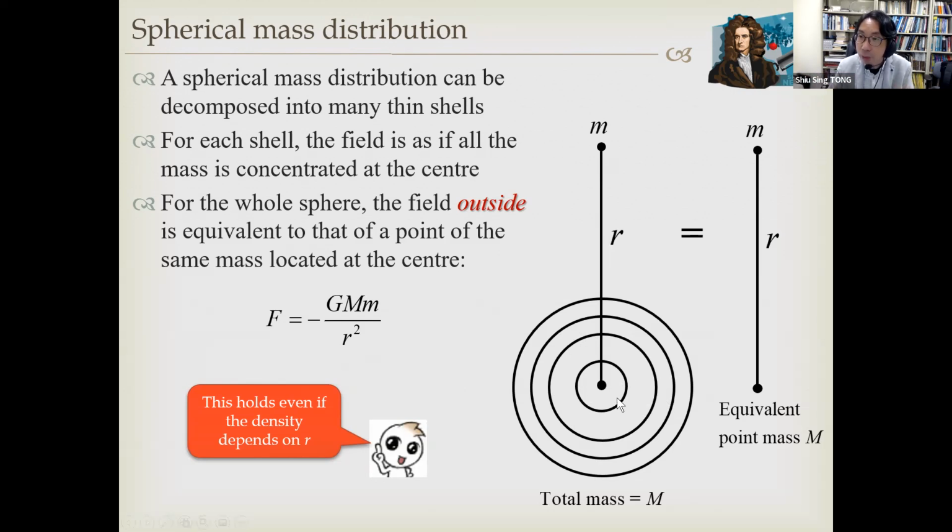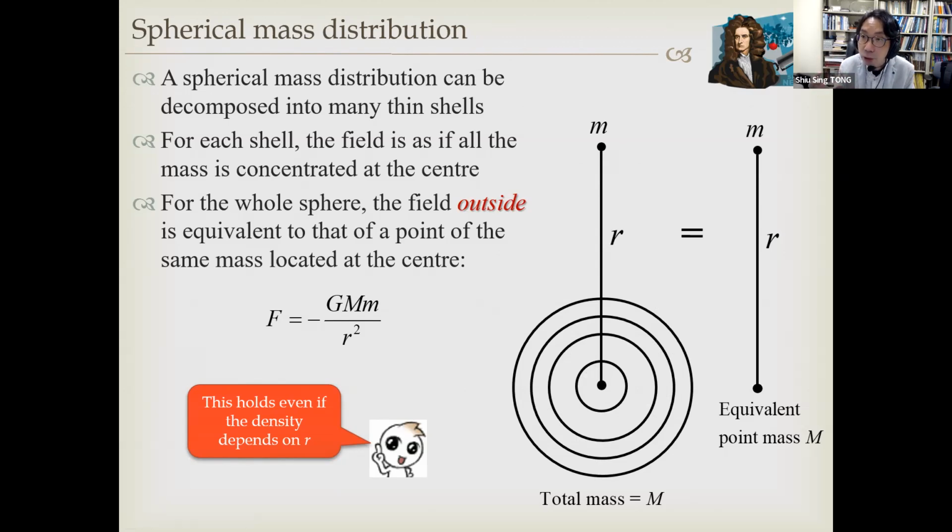So let's imagine now you have a spherically symmetric solid mass distribution. And on the outside of this distribution, you have a point mass M at a distance r from its center. Now the spherical solid mass can be divided into many thin shells.